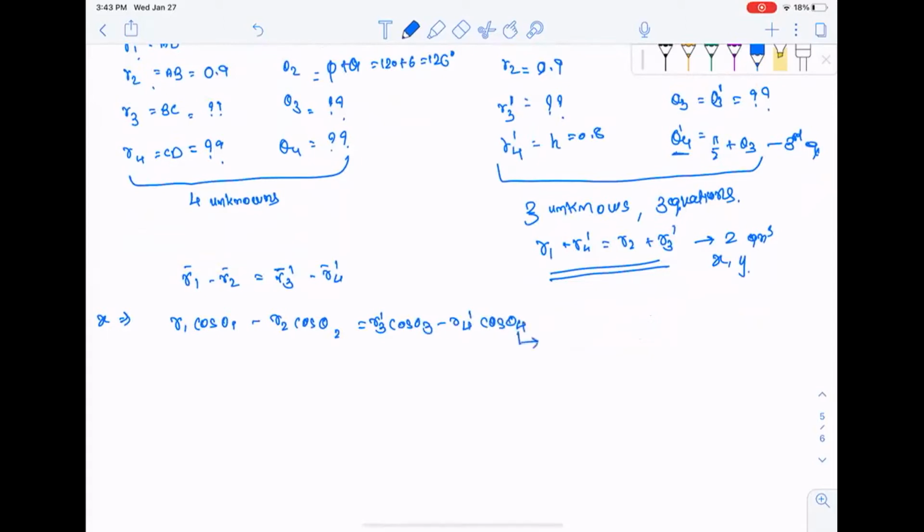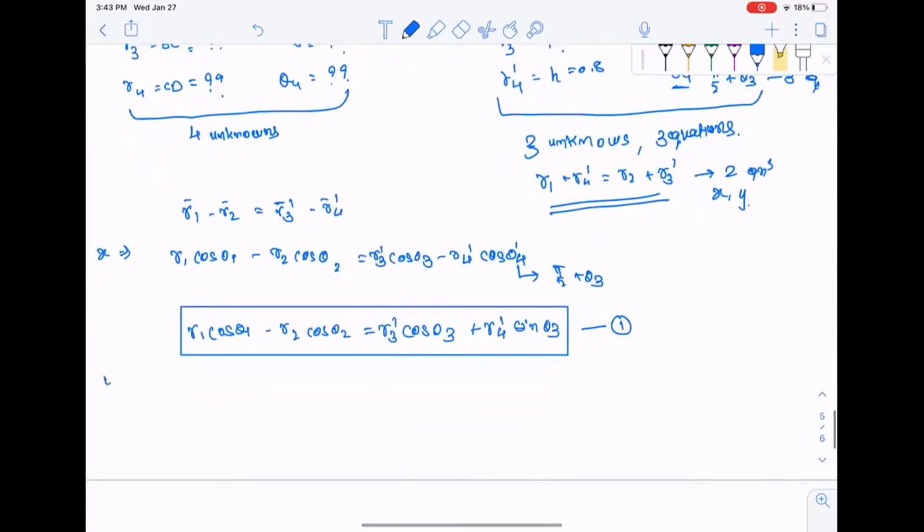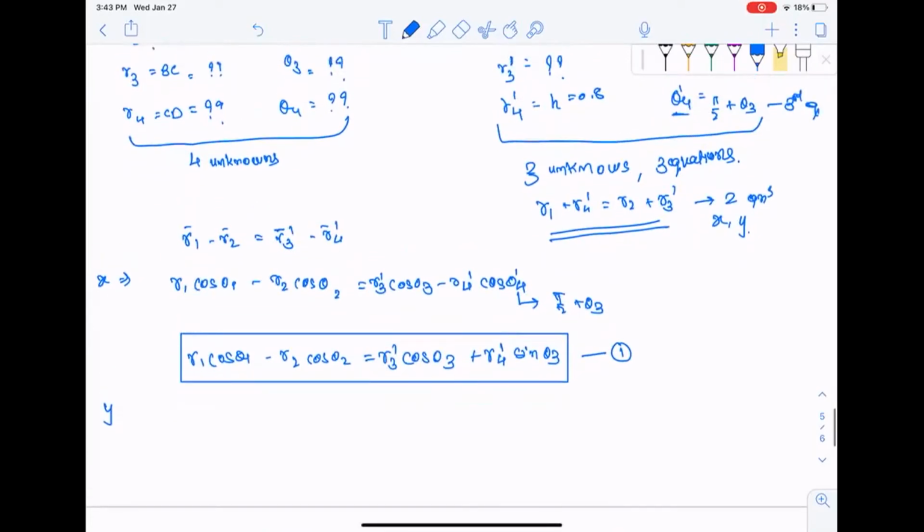But here we know the value of theta 4 dash, that is pi by 2 plus theta 3. So the right hand side will look like R3 dash cos theta 3 plus R4 dash sin theta 3, and the left hand side will still be the same. This is my equation 1.